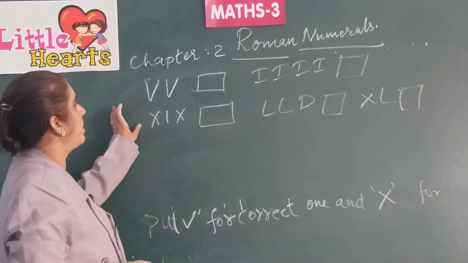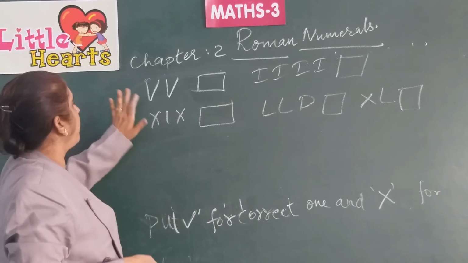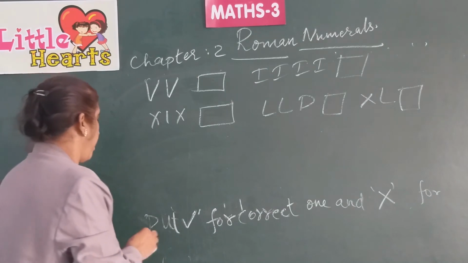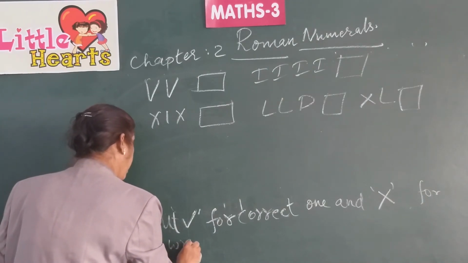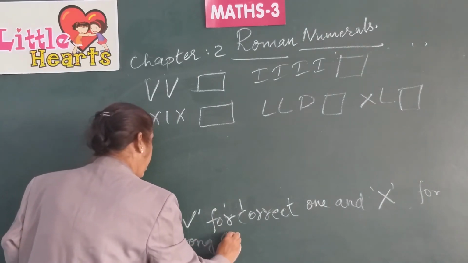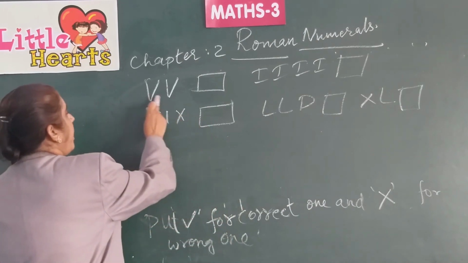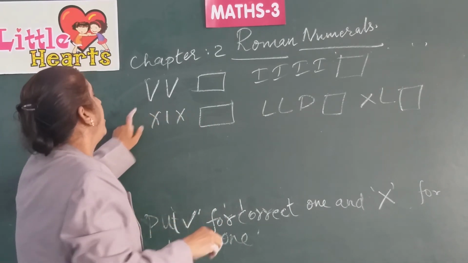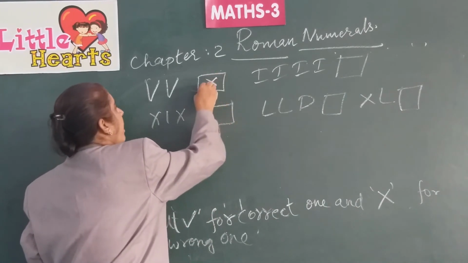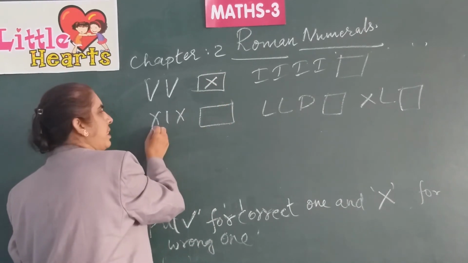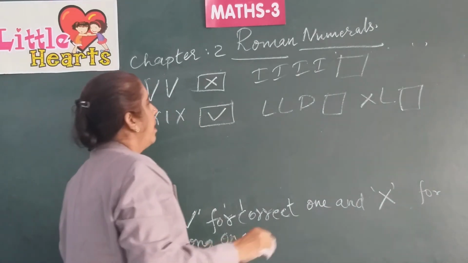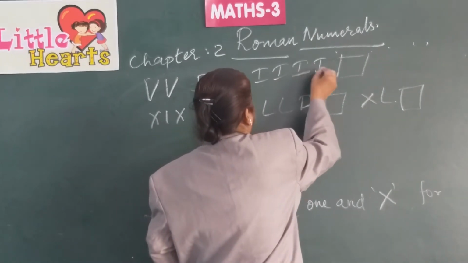According to the rules, put right for the correct one and wrong for the wrong one. VV. We know that V should not be repeated, so this is wrong. XIX. X is 10, IX is 9, 19. So it is right. IIII.